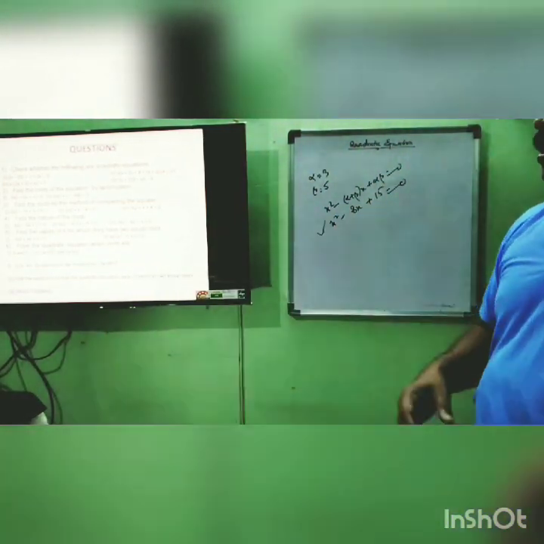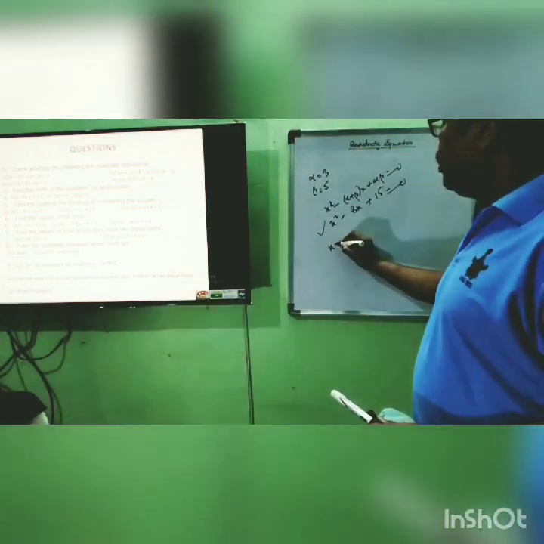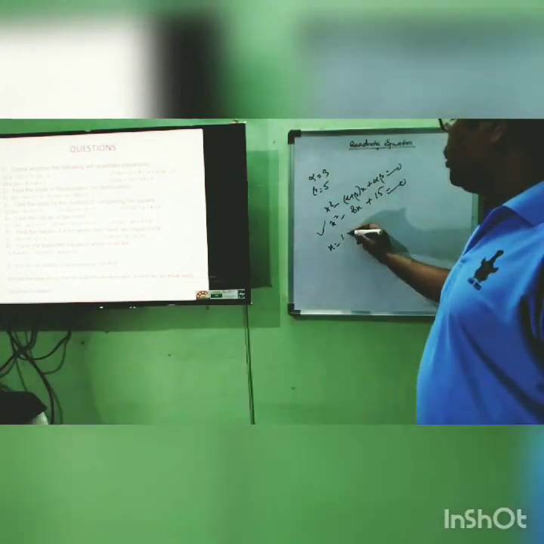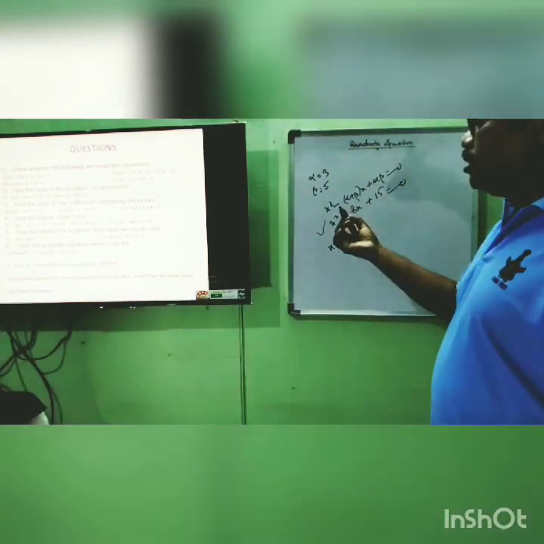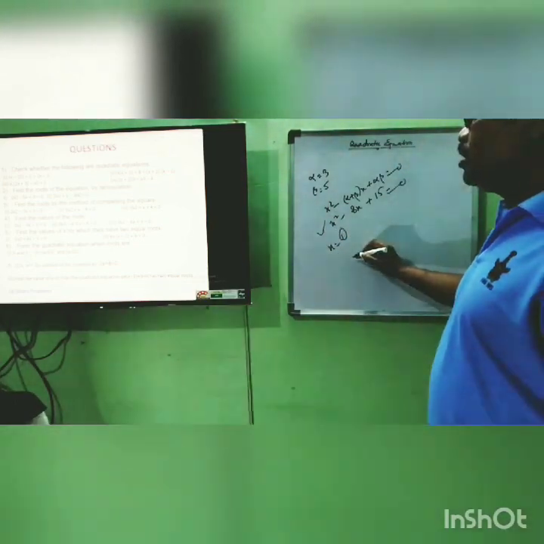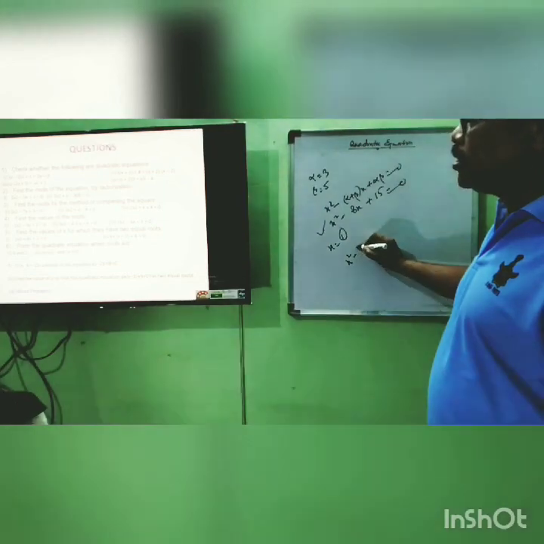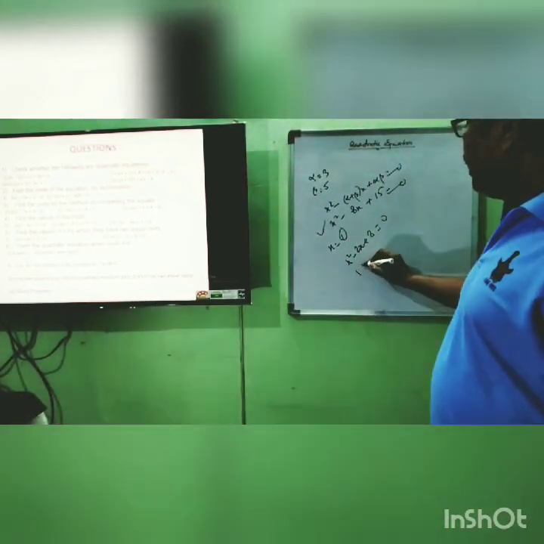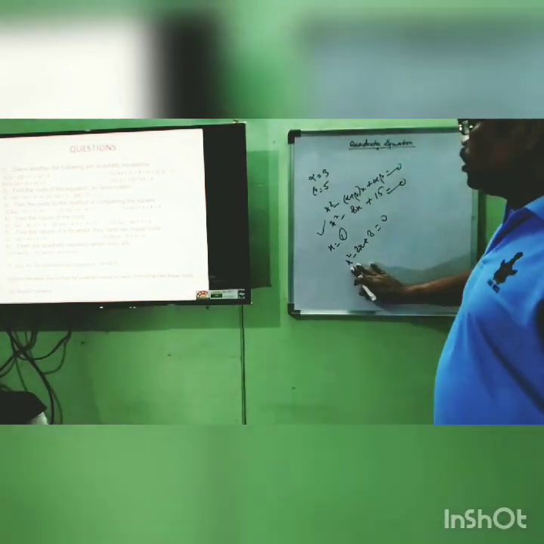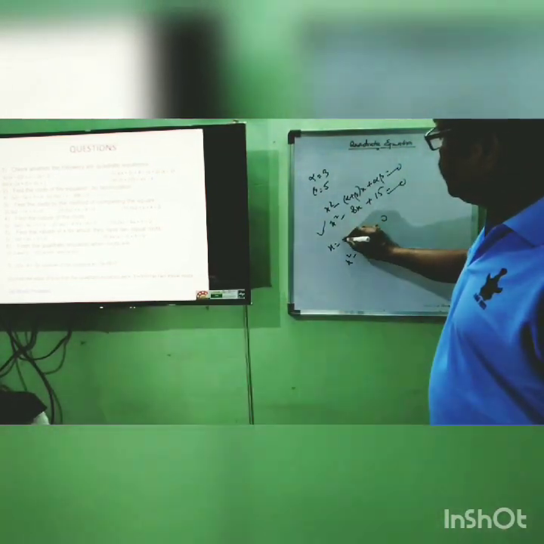Sometimes they will give one of the roots, say x equal to 1, and you will find out the other root. Say the equation x square minus 2ax plus 8 equal to 0, with x equal to minus 2a given.